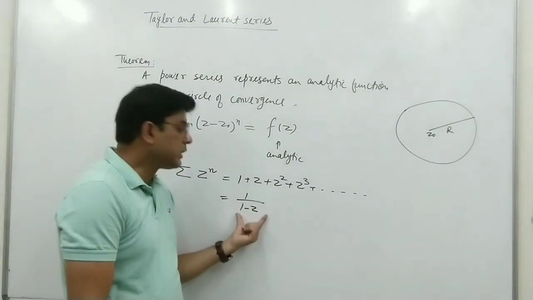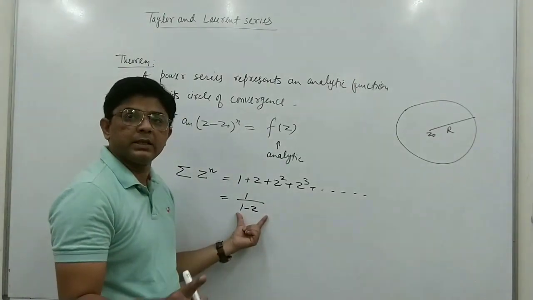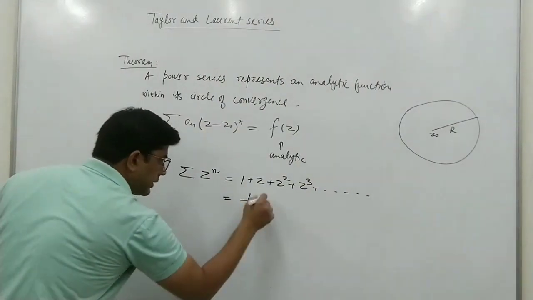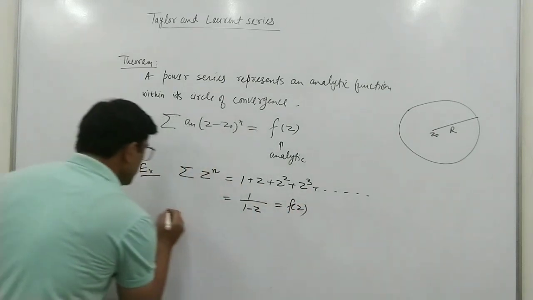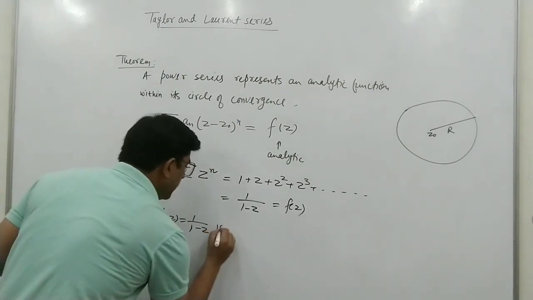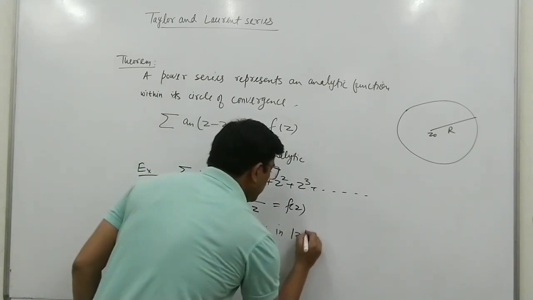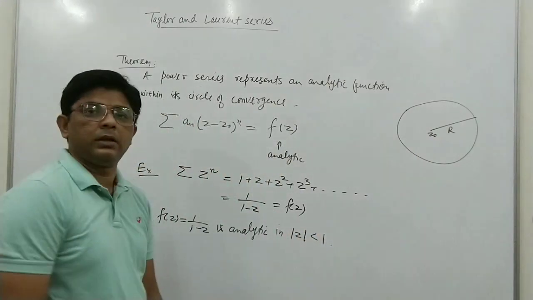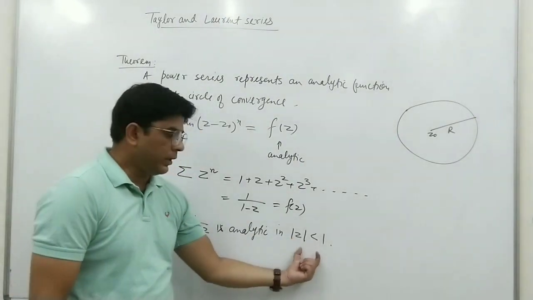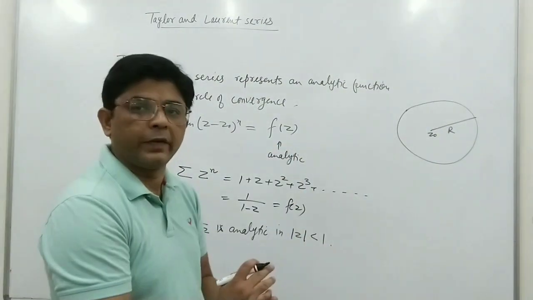We can see that this function is analytic in a circle with center at 0 and radius 1, that is, at the points inside the circle of radius 1.